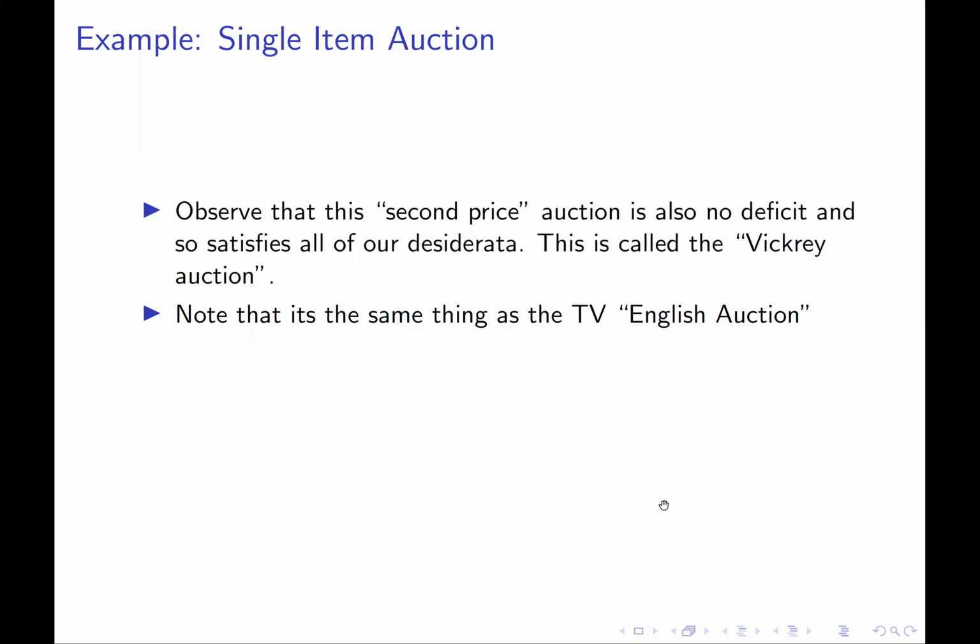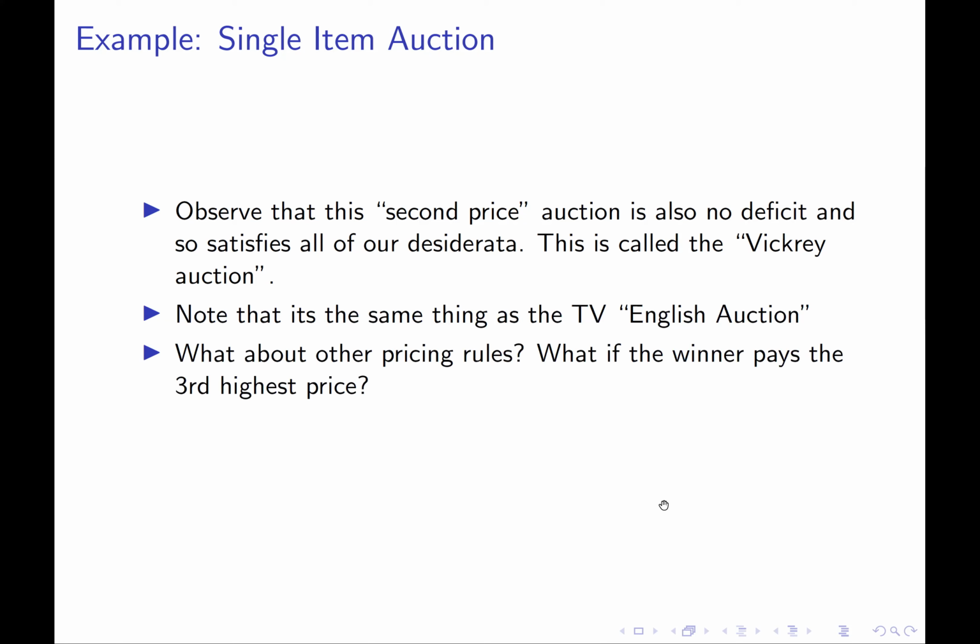And what happens in that auction? The person who has their paddle up the longest wins the auction. The auction ends when there's only one remaining bidder with their paddle up. And that means the person with the highest valuation wins the auction. And what do they have to pay? Well, they pay whatever the price was when the second to last bidder dropped out, because that's when the auction ends. And so in an English auction, in this kind of ascending price auction, the winner pays the second highest price.